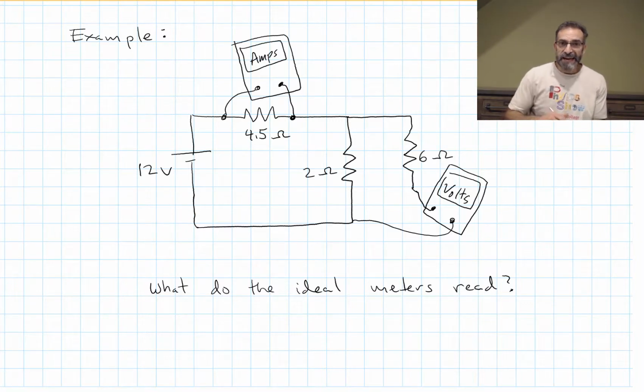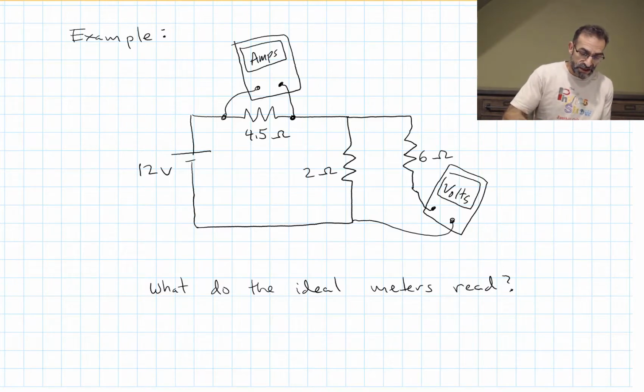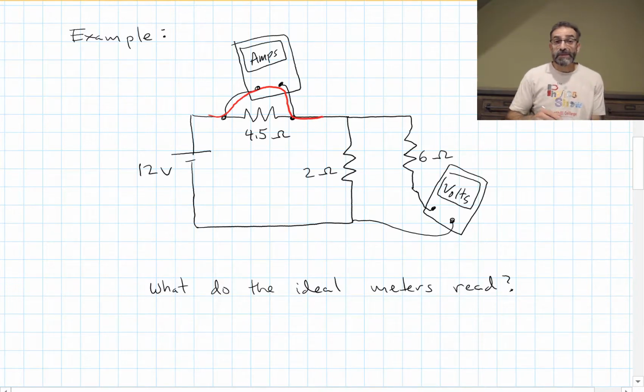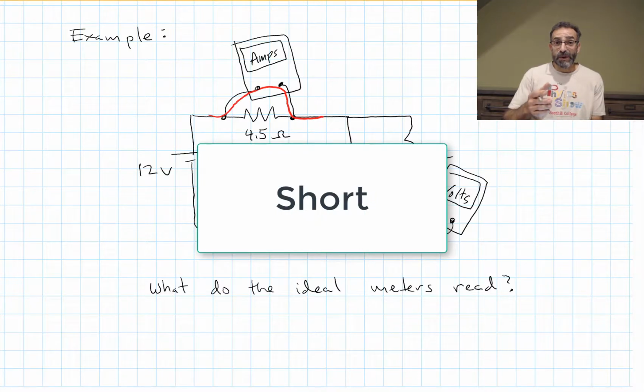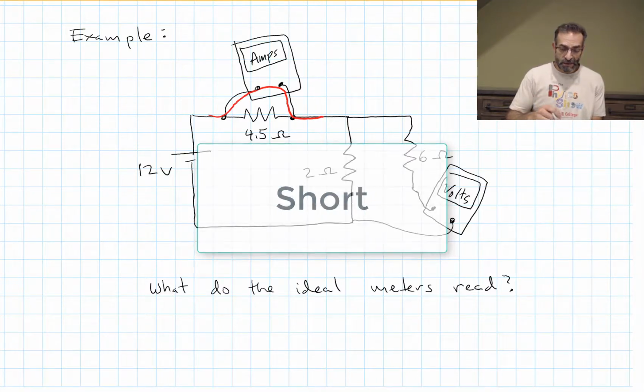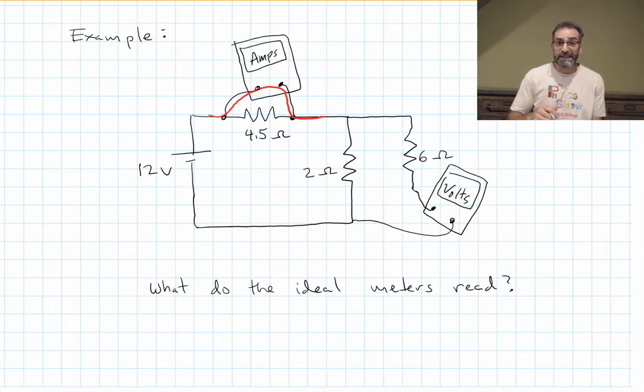An ideal ammeter has 0 internal resistance. So there is a 0 resistance path right here for the current to flow through that ammeter. And that's called a short. No current will go through the 4.5 ohm resistor if there's a zero resistance path to go through.